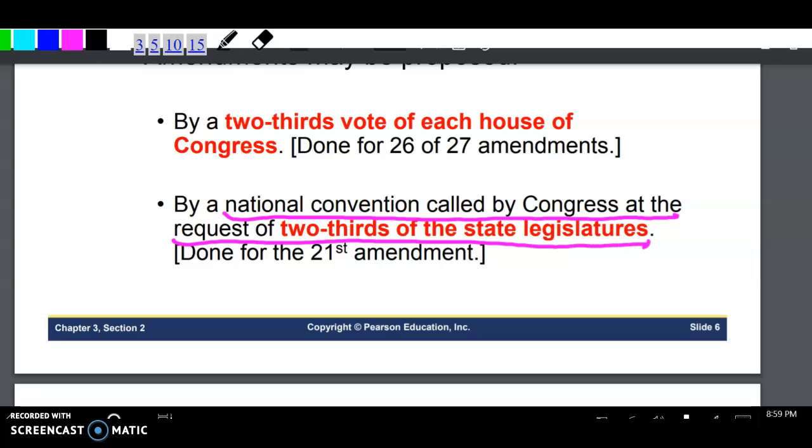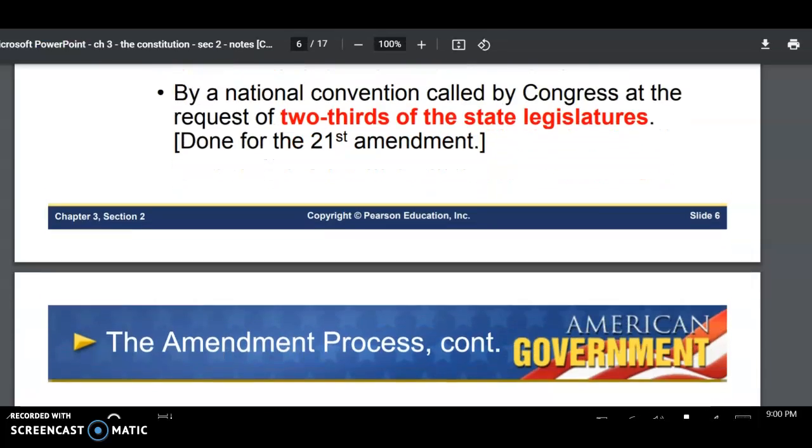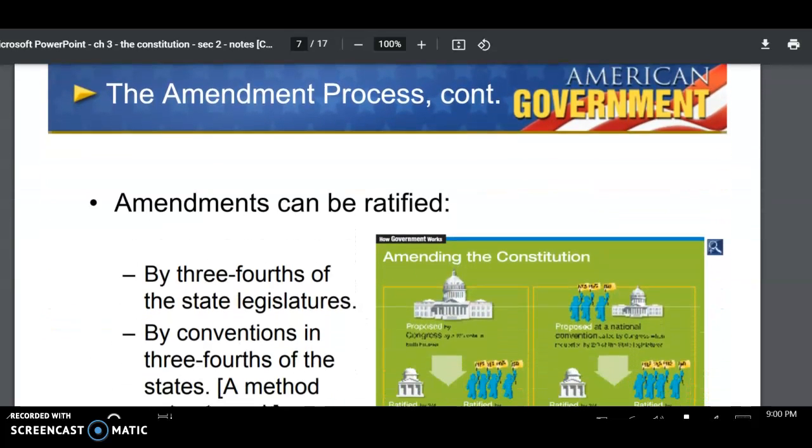So if 2/3 of the state representatives call a national convention, they can propose an amendment at that convention. That's been done for only one amendment, the 21st Amendment. So in the history of the United States, that second one has only been done one time. All other 26 times, it was done through Congress.